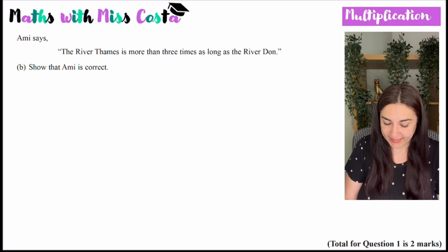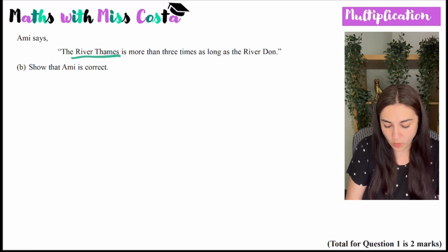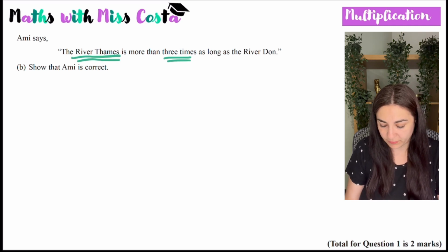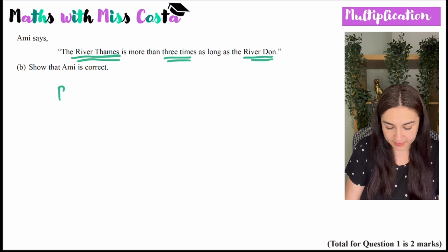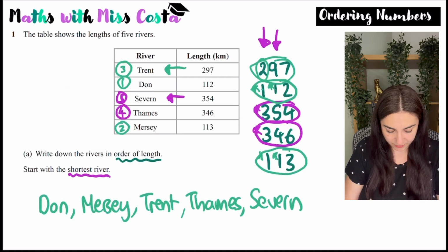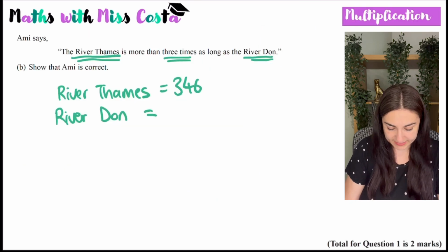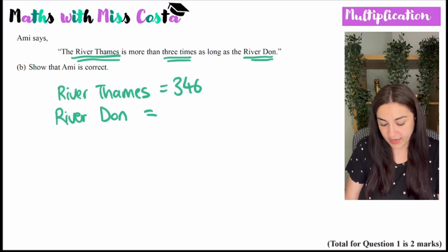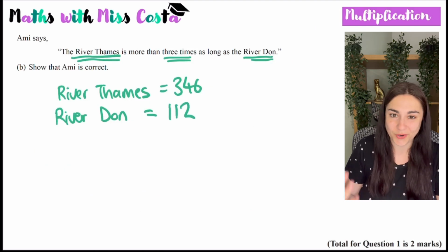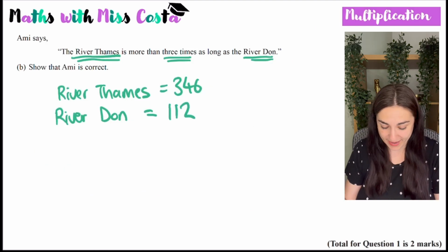Next it says, Amy says the River Thames is more than 3 times as long as the River Don. So if we look back, let's see what their lengths are. The Thames is 346, and the River Don is 112. When it says show that, you have to show your working to show how you know that.